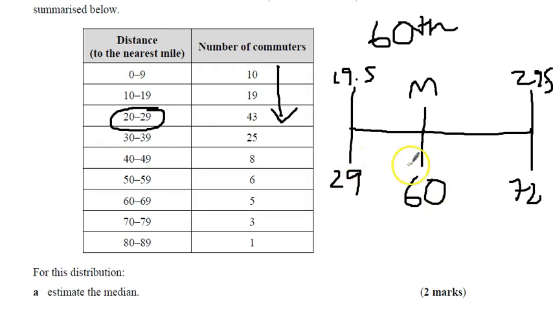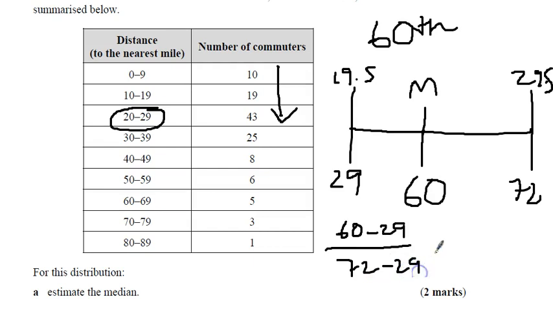However far through this, proportionally, the 60 is, we want the same proportion through here. So we want to work out what this distance is as a proportion of the whole, and work out the equivalent distance with the same proportion and add it onto 19.5. So we're going to say 60 take away 29, over 72 take 29.